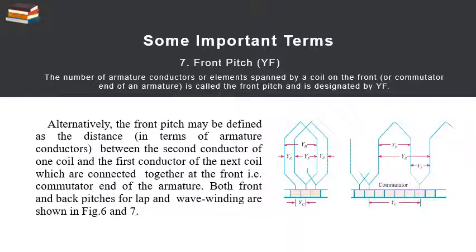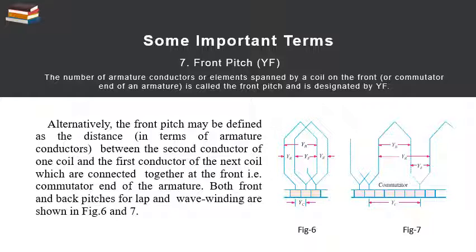Alternatively, the front pitch may be defined as the distance between the second conductor of one coil and the first conductor of the next coil, which are connected together at the front, that is, the commutator end of the armature. Both front and back pitches for lap and wave windings are shown in figures 6 and 7.